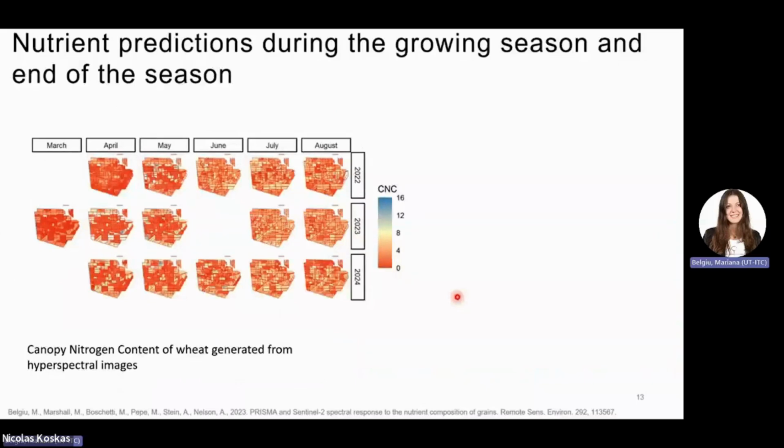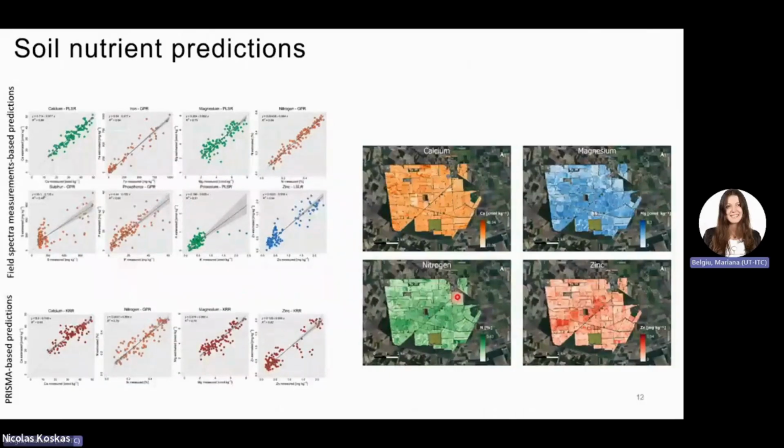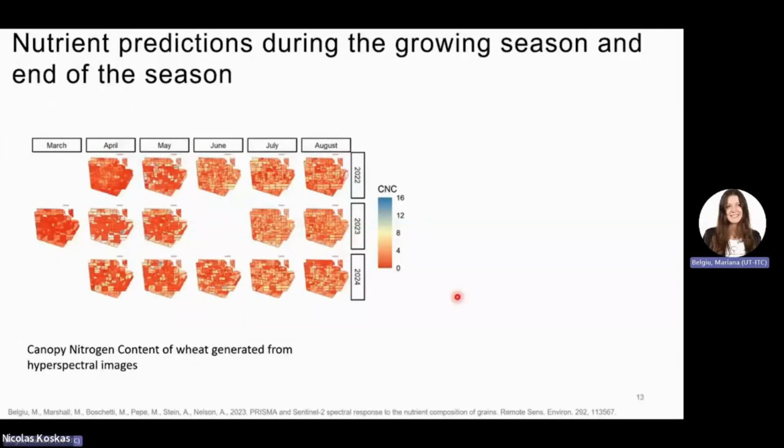So these are the maps that we generate when it comes to the soil properties, but we generate similar maps that show the spatial variation of the nutrients in the crops. Here we have an example of canopy nitrogen content, because I mentioned that we do this assessment in the crop plants themselves, not only in the grains.